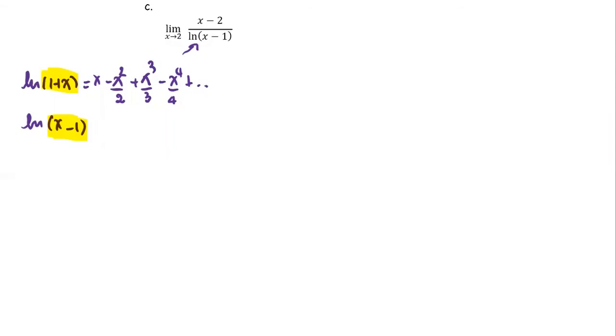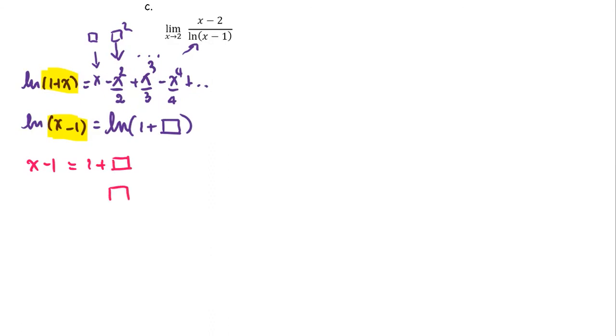So for the natural log of x minus 1, we're going to transform it into the natural log of 1 plus some quantity, and then we can replace the quantity at the x position. That means from x minus 1, if we write it as 1 plus some quantity, what would that quantity be? That quantity would be x minus 2.